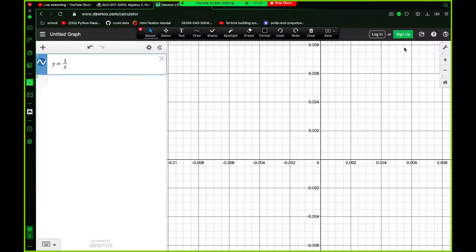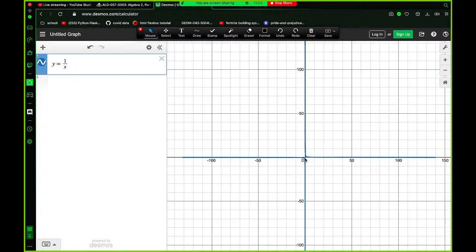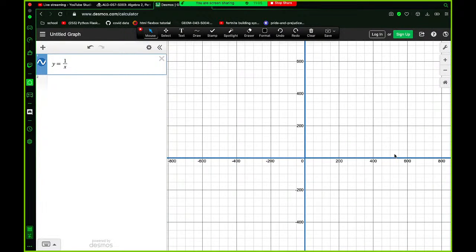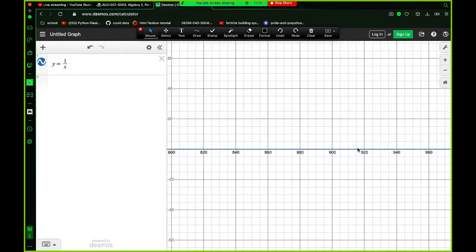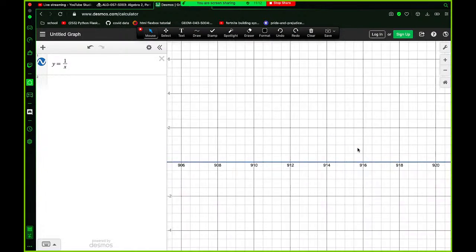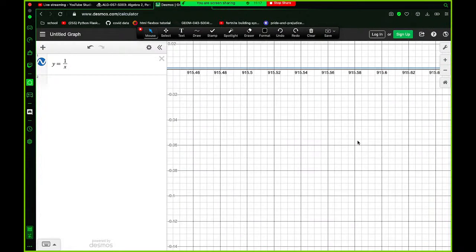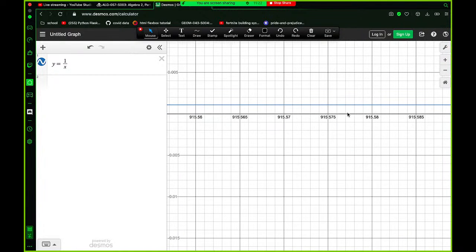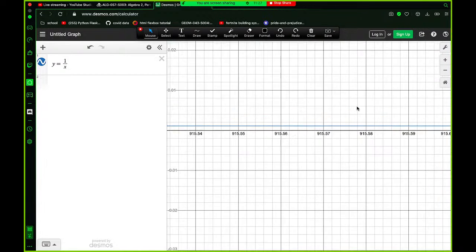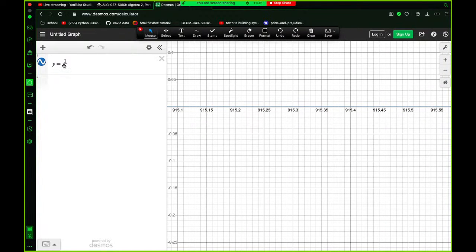If we do 1 over x, no matter how far you zoom out, it looks like it's right on the x-axis or y-axis. But if you zoom in super close, you can see that it's actually not on the axis. It's very close, but it's not there. So it never touches the x-axis or the y-axis for 1 over x.